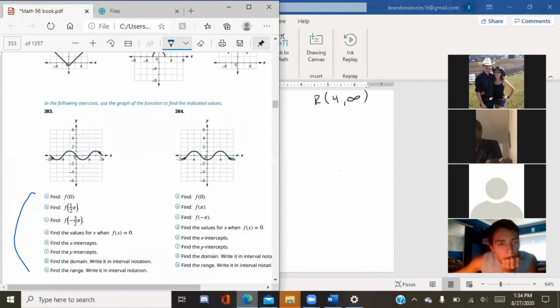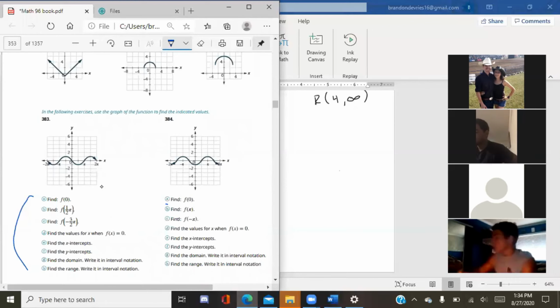Got distracted. Find f is 0. So first we got to make the equation, right? So let's make this equation. f(x) equals... I don't understand.